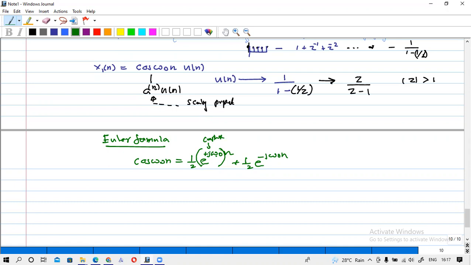To plot the complex number, we should have two axes, the imaginary line and the real line. Then if we want to represent n, we have to add another dimension, so it will have three dimensions.